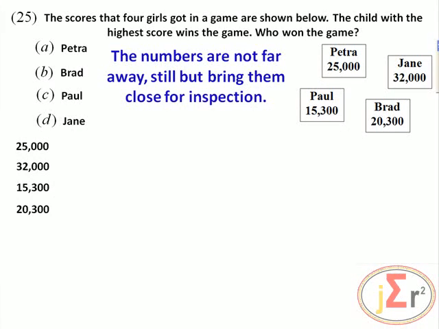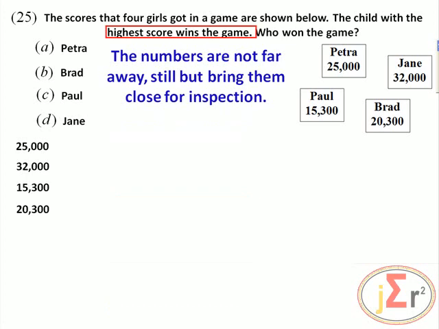Now, by just looking, Jerry was able to tell that 32 is the highest number or the largest number. Therefore, the game would have been won by Jane. So actually, Jane won the game.